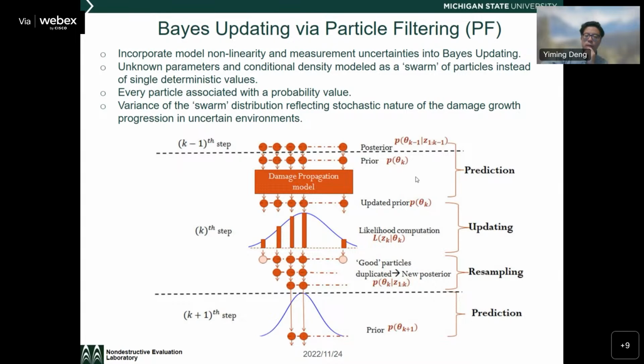Well, from this prior knowledge, we can update the prior knowledge based on the damage propagation model. So you can now use that damage propagation model output and try to calculate the likelihood, right? So likelihood, based on what I explained yesterday, is nothing but a data-driven approach.